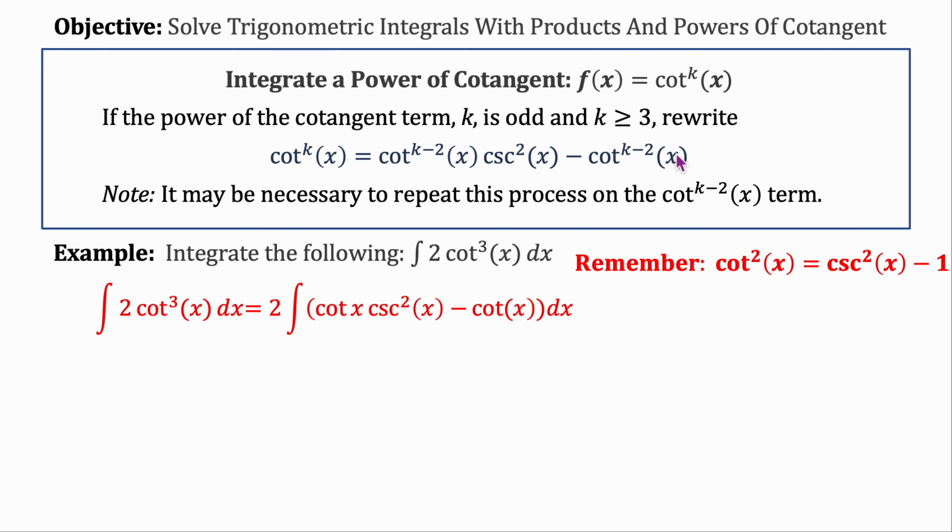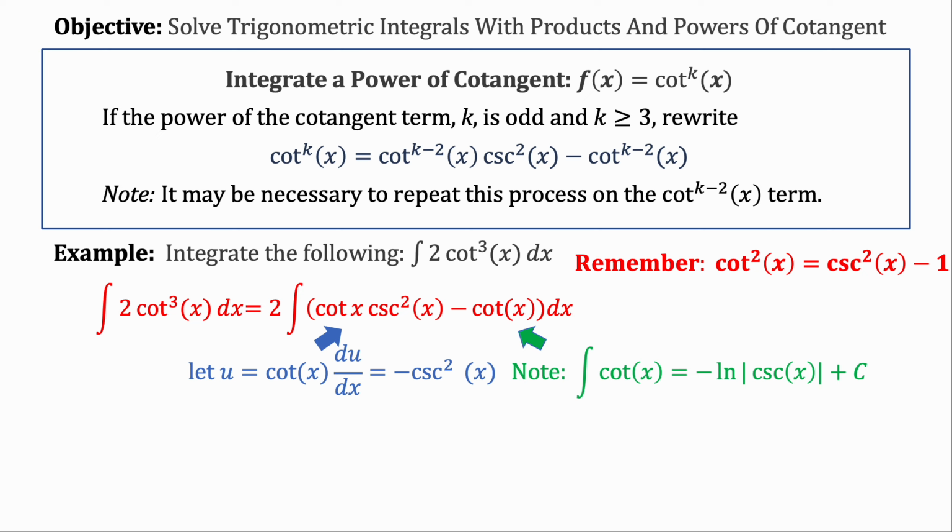That follows this pattern you see here. The power went down by 2, which gives the cosecant squared, so that's just one of them. And technically, it's because of our Pythagorean identity. Okay, so now we've done a little rewrite. Let's think about separating that into two pieces. Here, we're going to have to do a u substitution.